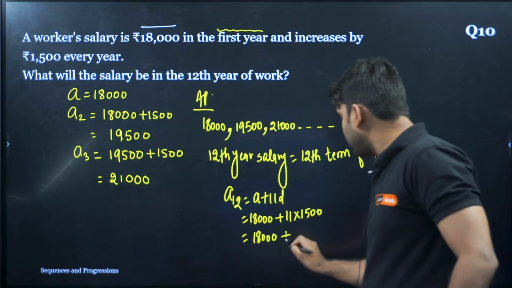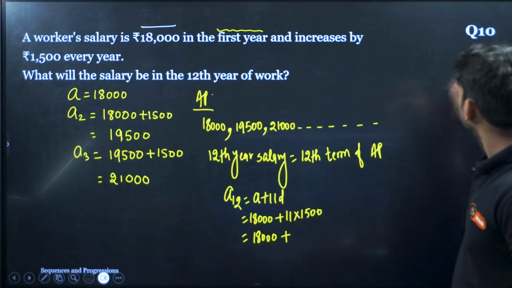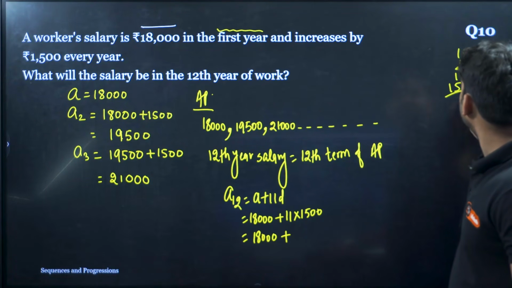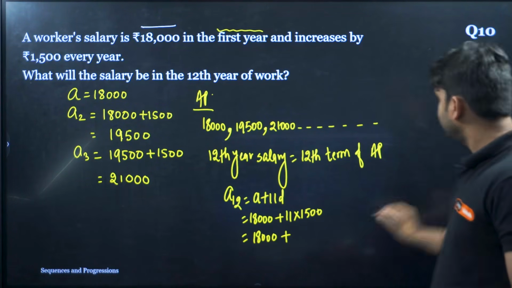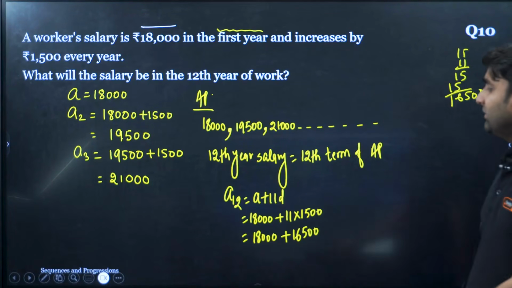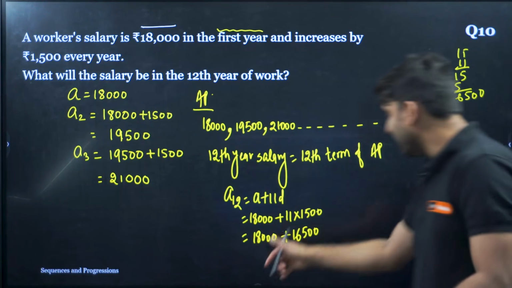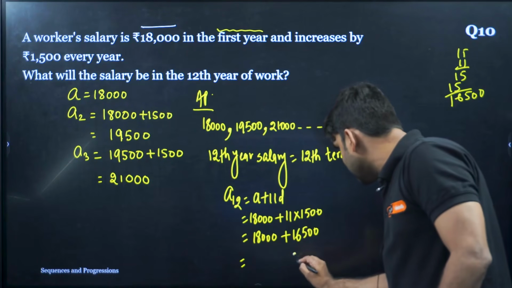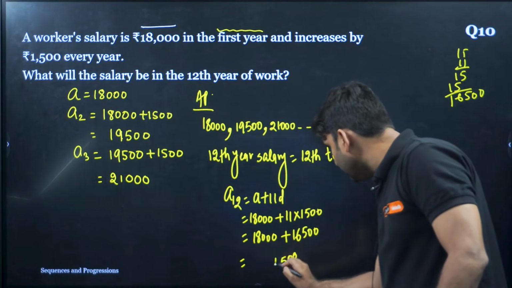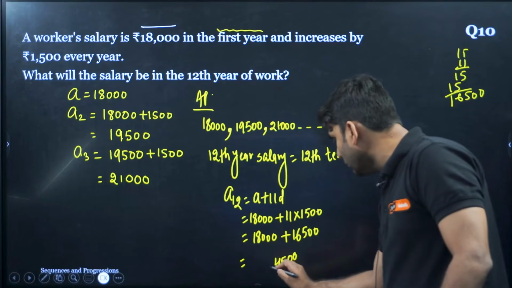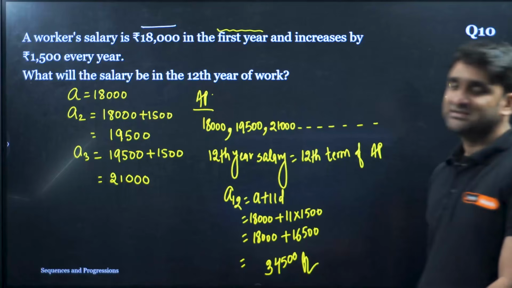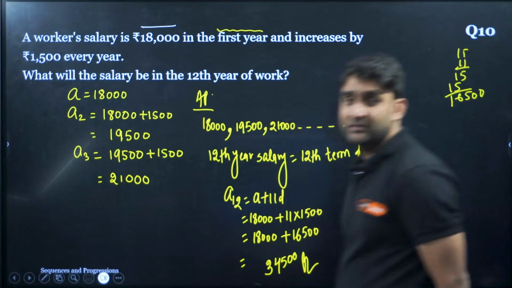18,000 plus, let's multiply 15 into 11. So 11 into 15 will be 165, so 16,500. Let's add both the numbers. 18,000 plus 16,500 is 34,500. That will be his salary in the 12th year.